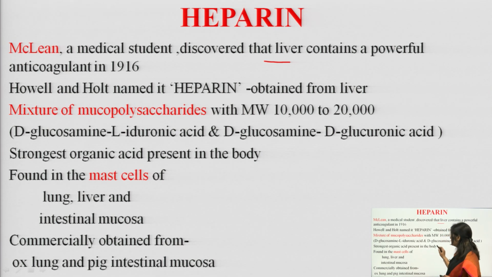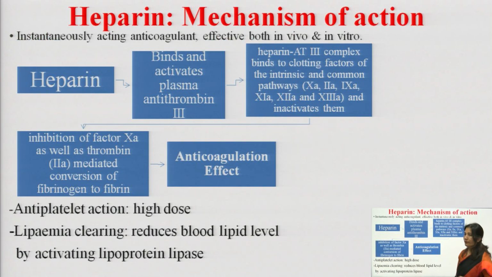Heparin is the strongest organic acid present in the body, and it is found in the mast cells of liver, lung and intestinal mucosa. Commercially, it is obtained from ox lung and pig intestinal mucosa.